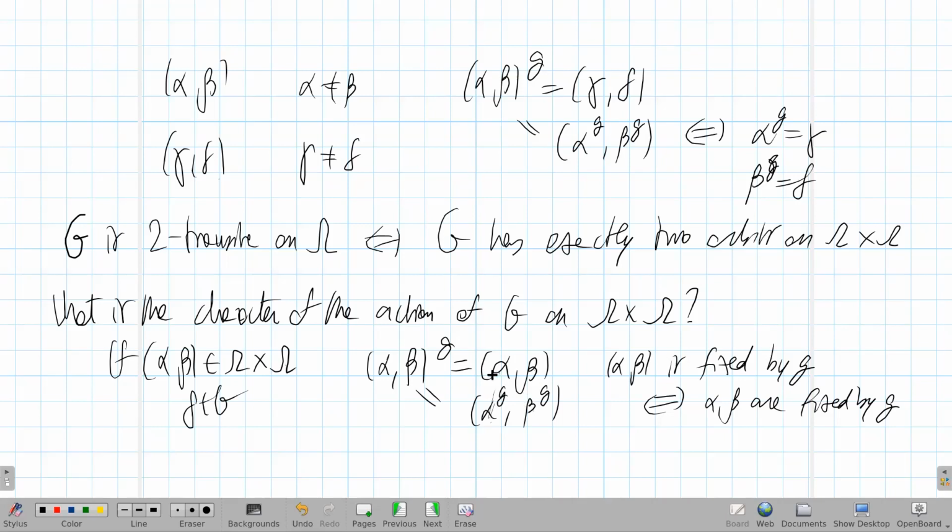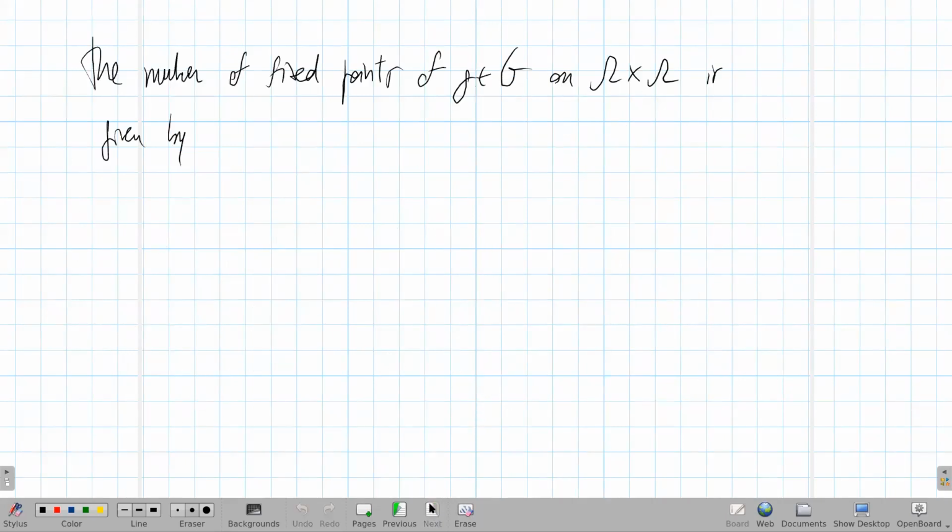The number of fixed points of g times the number of fixed points of g, because you can choose alpha arbitrarily in the set of fixed points of g, and the same with beta. So what you obtain is given by F_g squared, where F_g, recall, is the number of alpha in omega which are fixed by g.